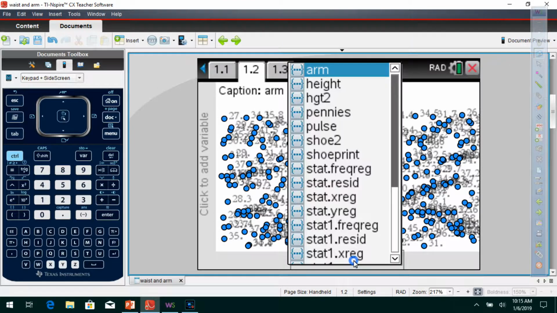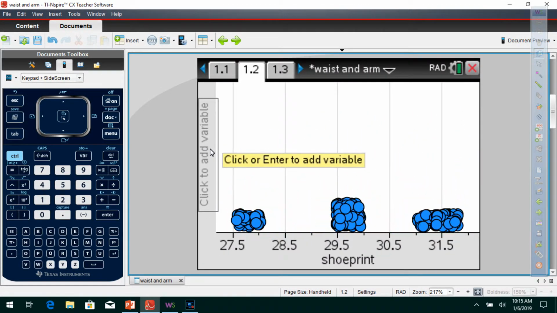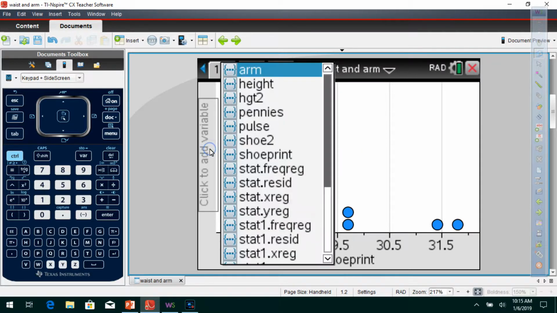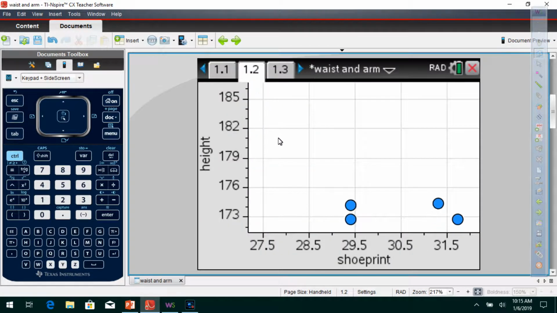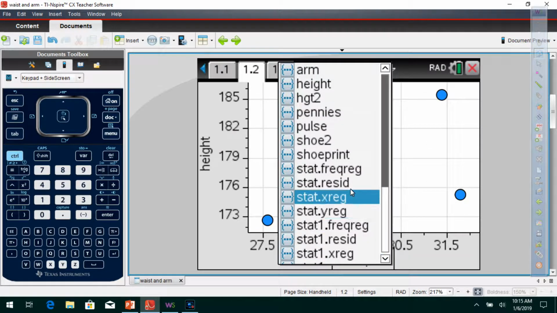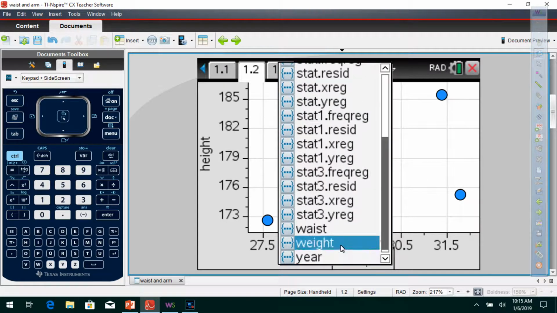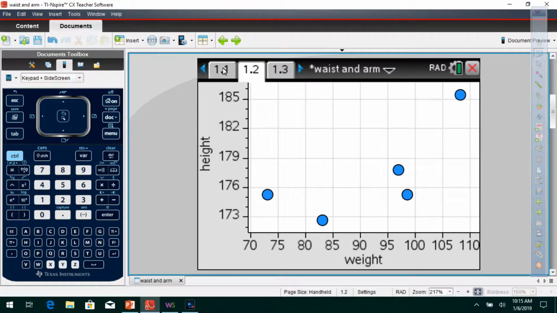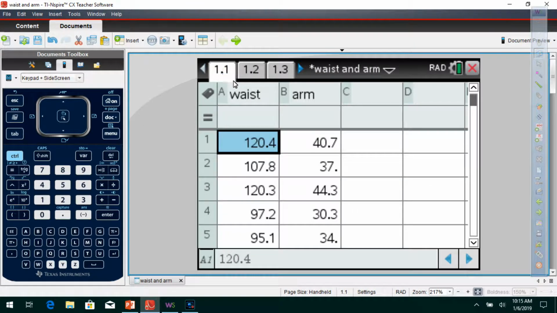And then we have shoe print, height, weight. Let's see what we got. Waist and arm.